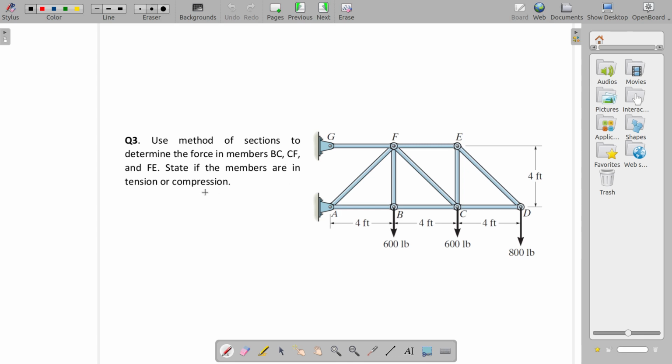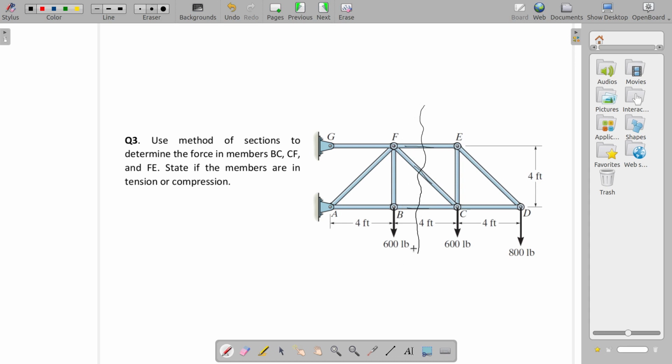Oh, this is not difficult, right? You have to find out member force in BC, CF and FE. So how will you take the section? You will take the section in such a way that you have unknown member forces in your equilibrium equations.